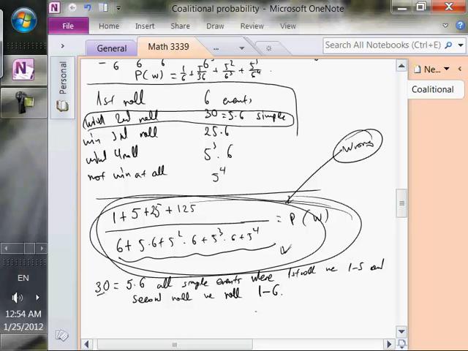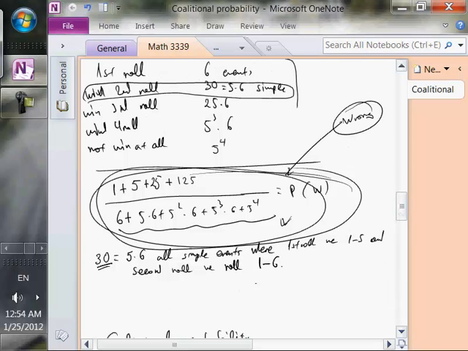So these are all simple events, and in class we mentioned that the favorable simple events, which describe how we win, are all numbers 1 through 5 for the first roll and 6 for the second. So we have only 5 of them.